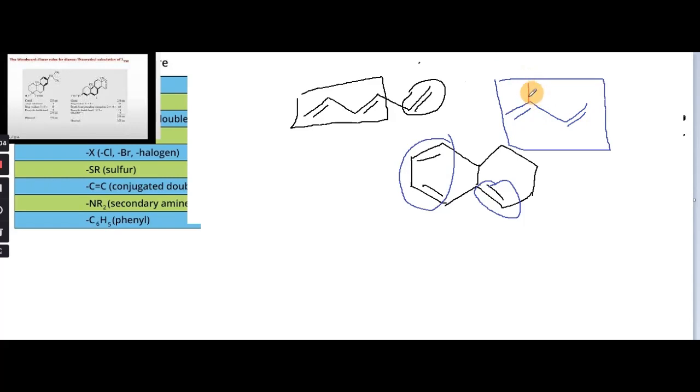I call it an acyl substituent. If I have the hydrogens here replaced by an acyl group, I will call it an acyl substituent, and the same for the ones here.